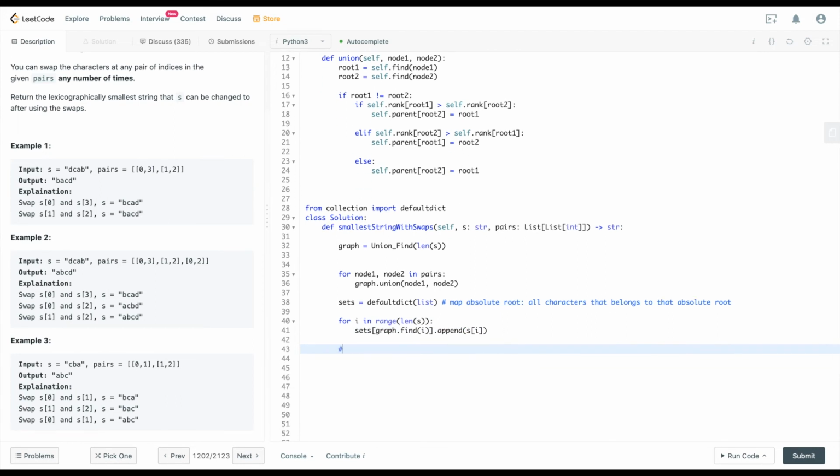And then I'm gonna sort my components. Alright, I'll just write it, sets. For root in sets, root.sort.